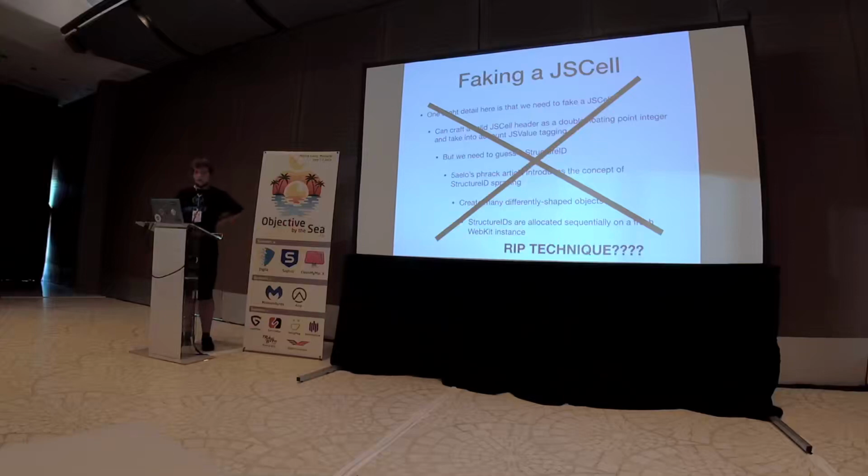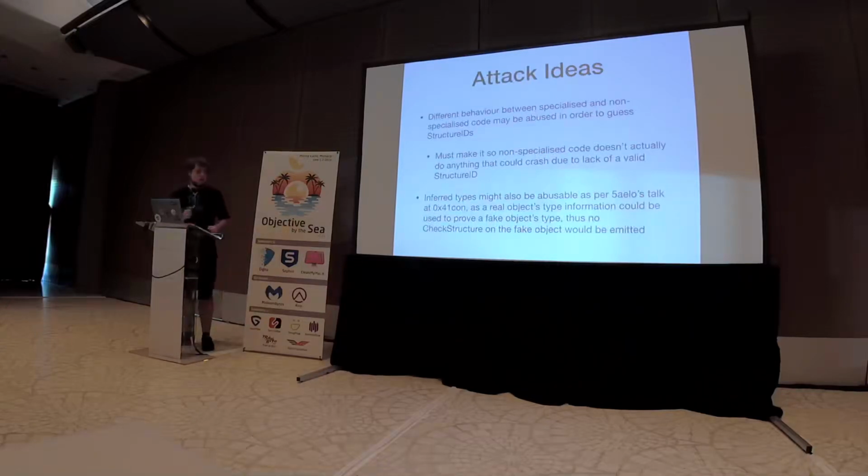But there are some things that you could possibly do in order to bypass this to this day. And here are some ideas for generic ways of doing so. For instance, you could abuse differential behavior between specialized and non-specialized JIT code. For instance, in the FTL JIT code, it is possible to make use of loop-invariant code motion to move specific nodes before, for instance, some conditional branch or just return.